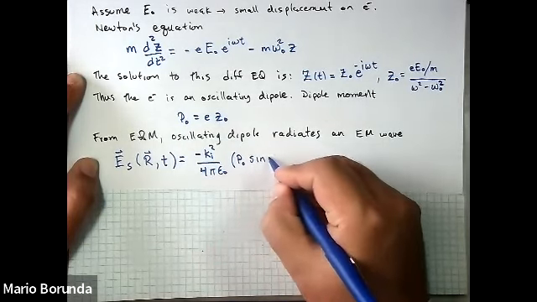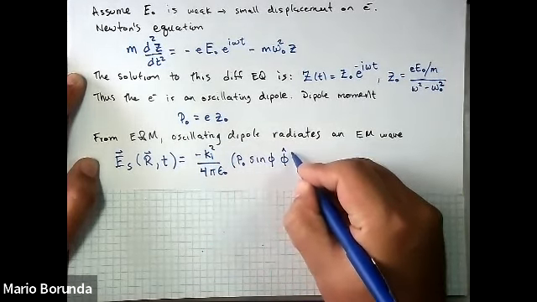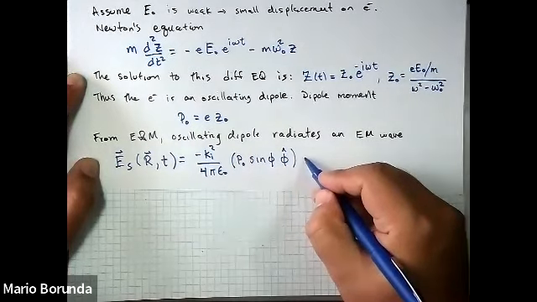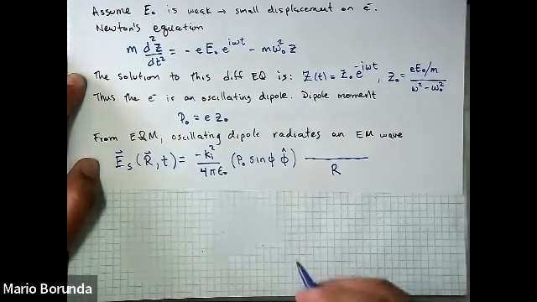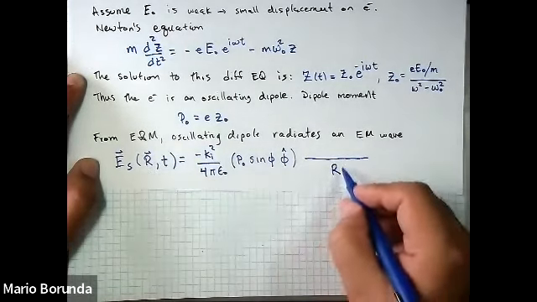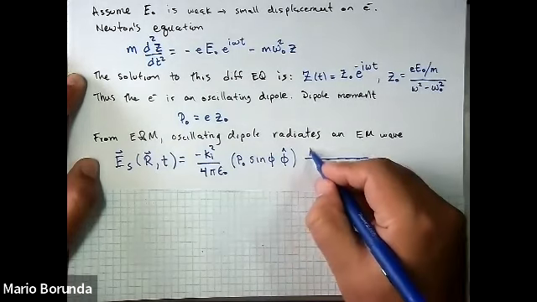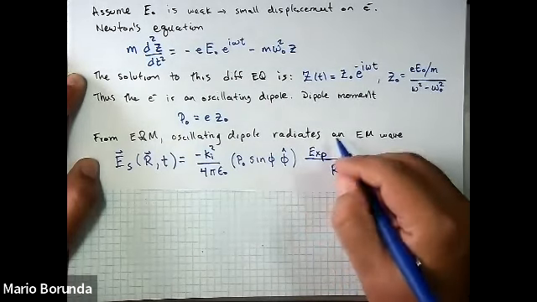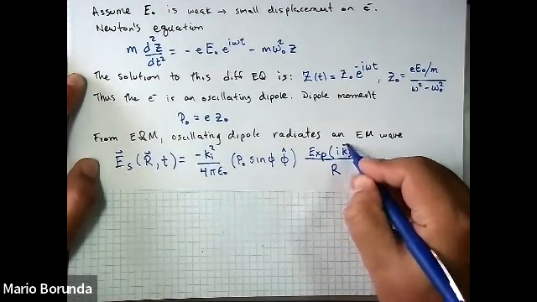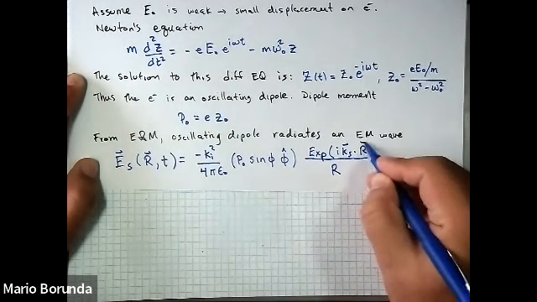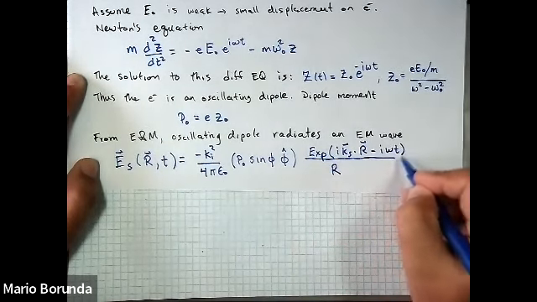This has an angular dependence phi, and this goes in the direction of phi. And then on the bottom is 1 over r. So as this distance r increases, the radiation gets smaller. And it's an exponential, e to the i k dotted with r minus i omega t.